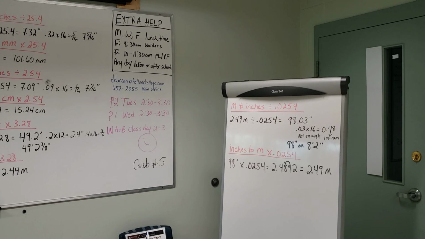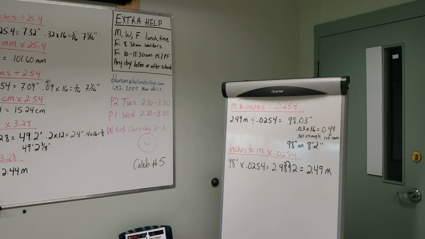We know how to take that 0.03 and we're going to times it by 16. And we get 0.48. We're just looking at that first number after the decimal. Just the first number. Right? So that 0.4 is not high enough to make that a 16. So that number there would stay at 98 inches or 8 feet 2 inches.